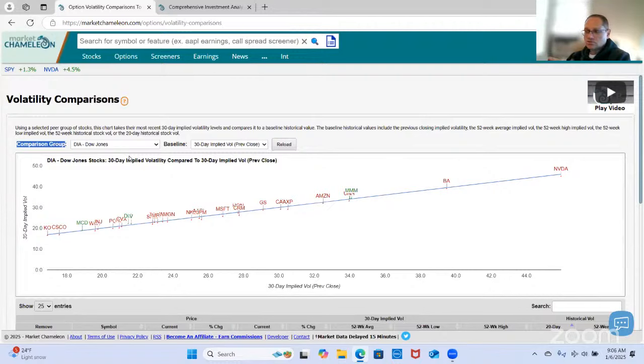When we talk about relative value, a lot of people who start trading think of just buying or selling something in anticipation of it going up or going down.